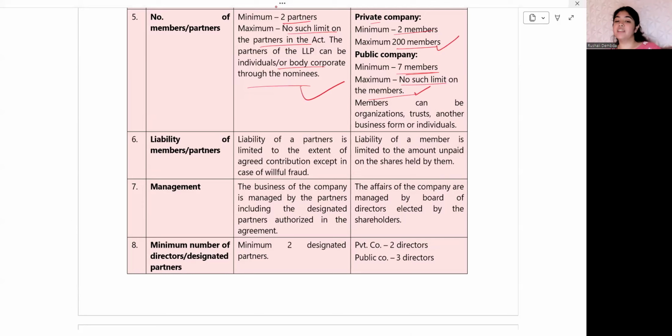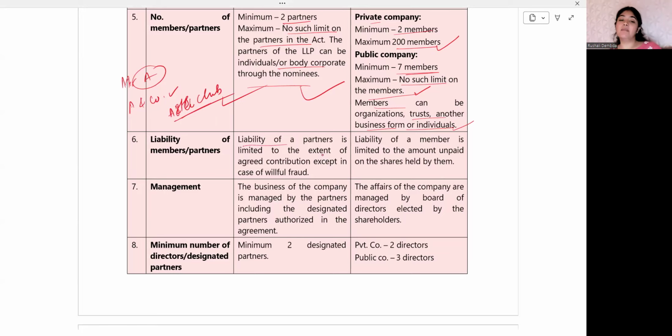Members can be organizations, trusts, any other business firm or individuals. Mr. A can also be the shareholder. A company can also be the shareholder. A club, like, I'm just taking a name, arts club, can also become a member. They can also buy the shares of your public listed company.